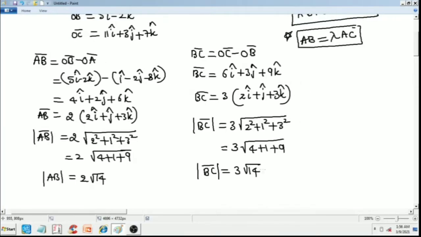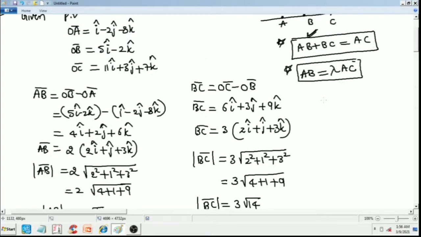Next, what are we supposed to find here? AC. Now AC is equal to OC minus OA bar.